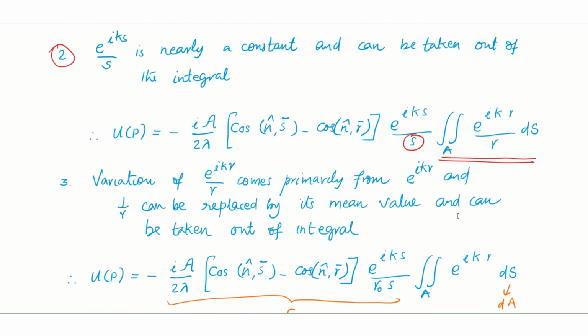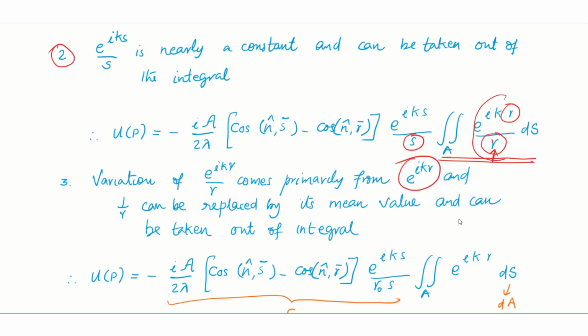Now we take a final assumption that the variation with respect to r comes from two factors: 1 by r and e to the power ikr. This e to the power ikr is a rapidly varying function, and 1 by r is more gradual in the present situation, so e to the power ikr contributes more towards the variation.